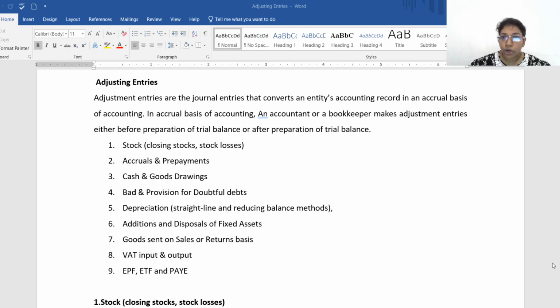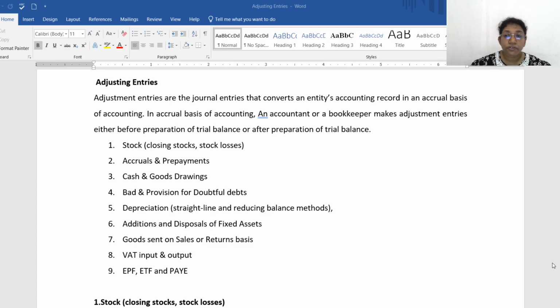According to this, we are going to talk about the stocks, how we are going to record the closing stocks and stock losses, then accruals and prepayments, cash and goods drawing, bad and provision for doubtful debt, depreciation, additions and disposals of fixed assets, then goods sent on sale or return basis, VAT based on input and output VAT recording, and finally the EPF, ETF and PAYE payments.